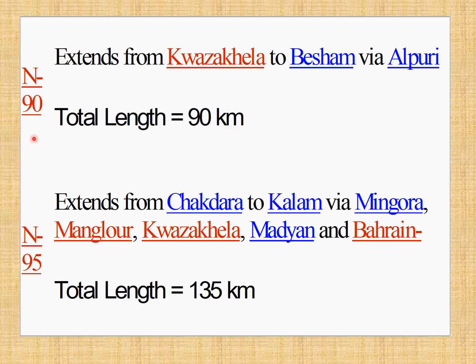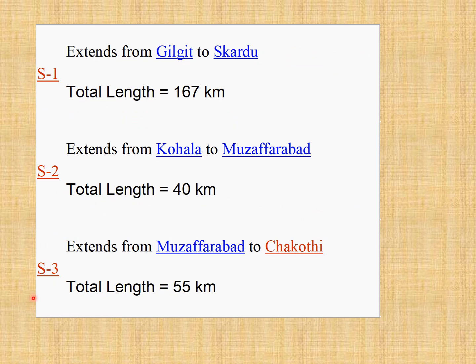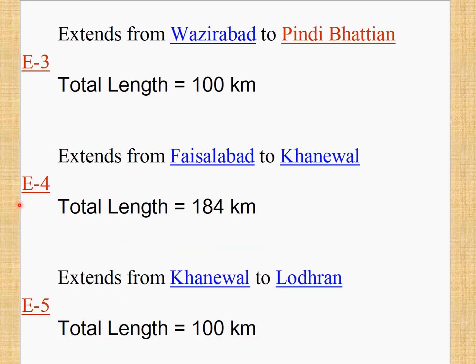Here N20, N90 and N95. And then you can see some strategic highways or roads: S1 extending from Gilgit to Skardu, S2 Kohala to Muzaffarabad, S3 Muzaffarabad to Chakothi. And then the expressways: E3 extending from Wazirabad to Pindi Bhattian, E4 extending from Faisalabad to Khanewal, E5 Khanewal to Lodhran.